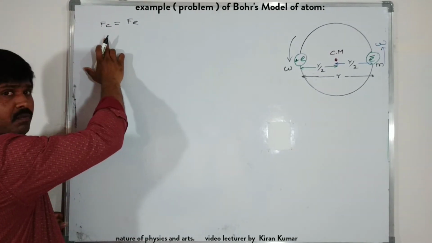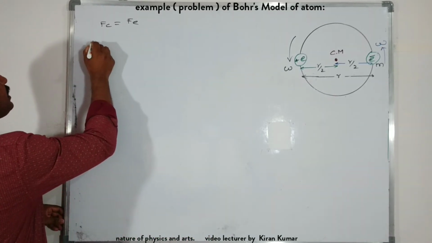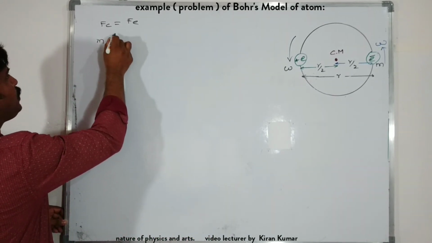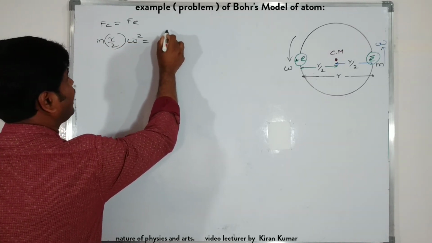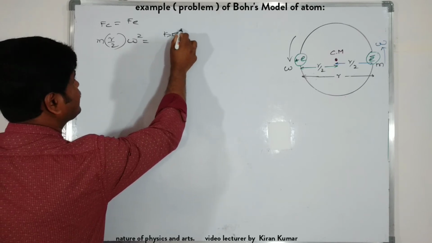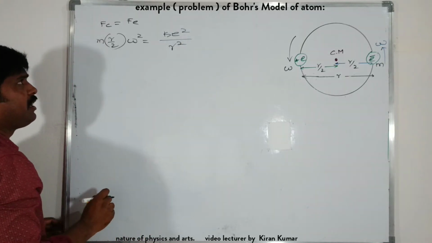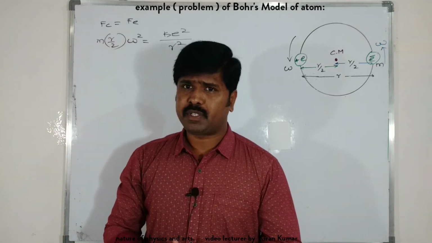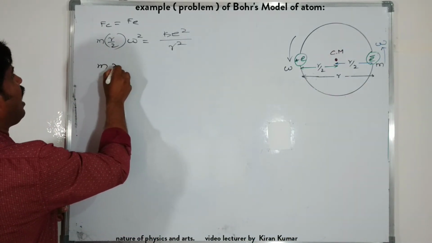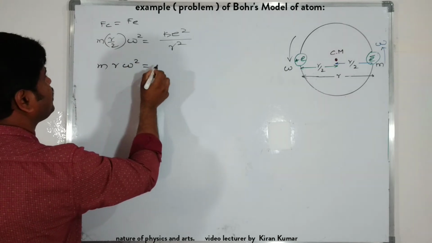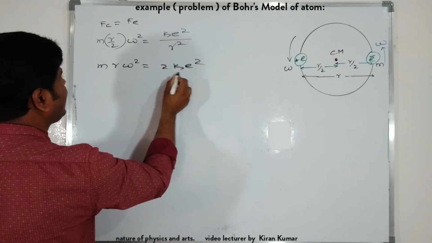Centripetal force is m r by 2 omega square, which is equal to k e square divided by r square. Try to understand here: k is equal to 1 by 4 pi epsilon naught. Then m r omega square is equal to 2 k e square by r square.